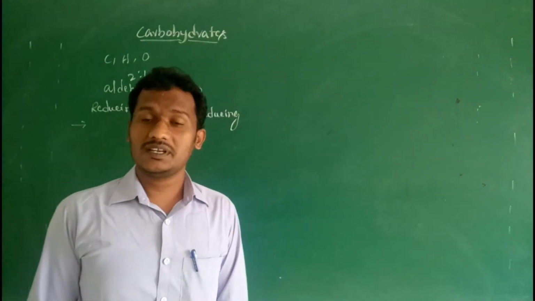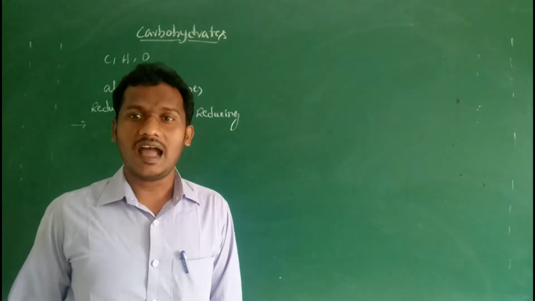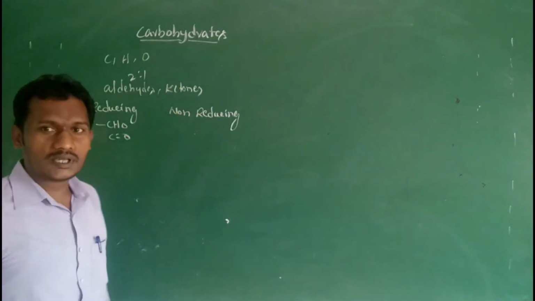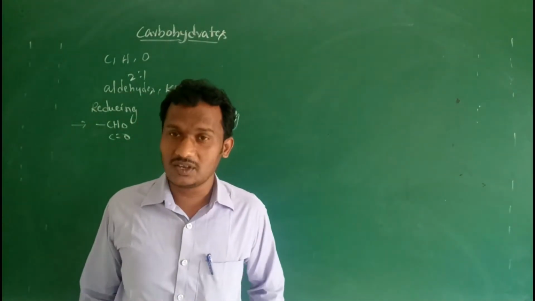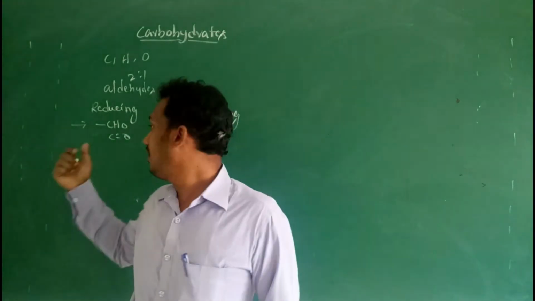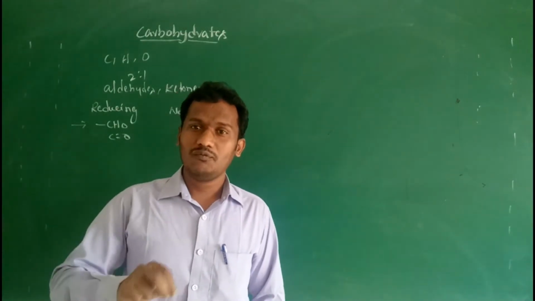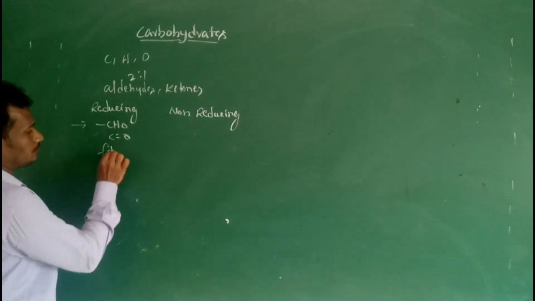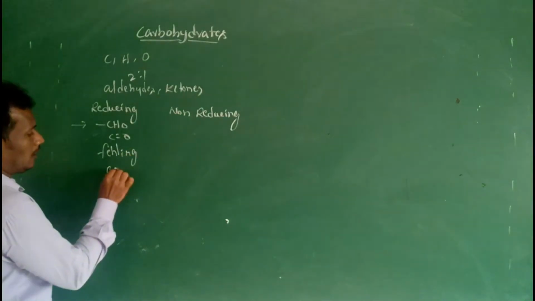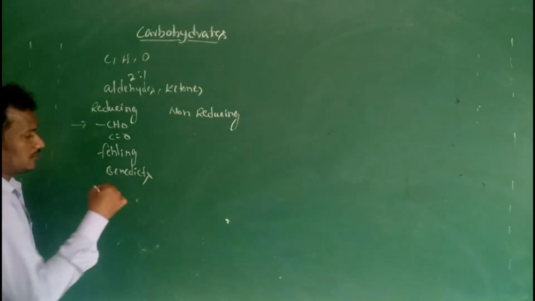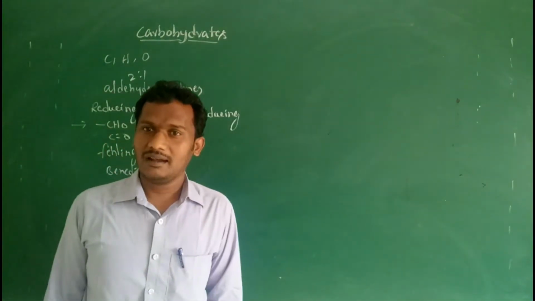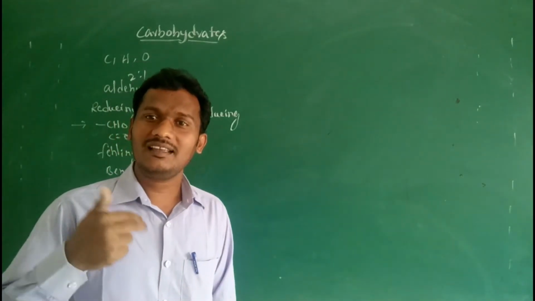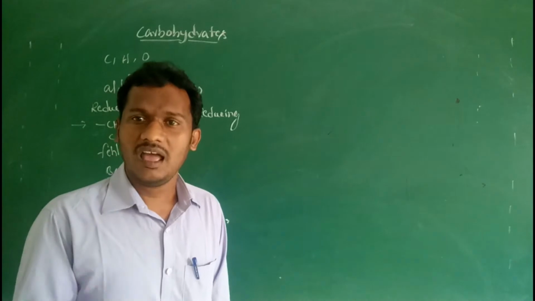Reducing sugars generally contain free aldehyde and ketone groups. Due to these free aldehyde and ketone groups, if we add a chemical solution like Fehling solution and Benedict solution to these carbohydrates with gentle heating, the carbohydrates reduce it.